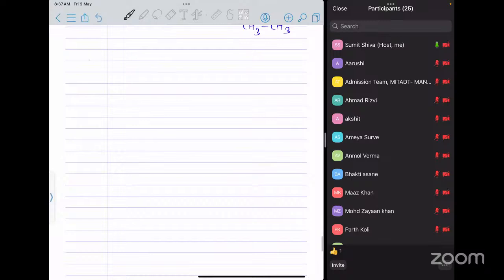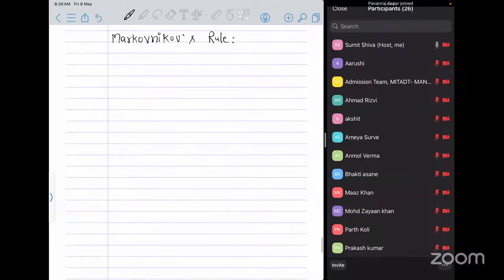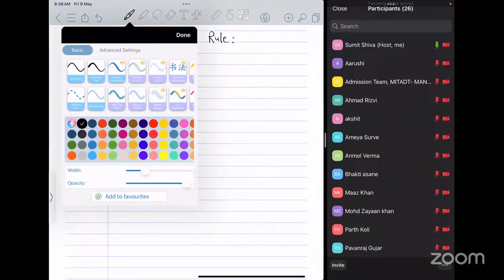Or there is another way which is known as Markovnikov rule. Do you know what is Markovnikov?